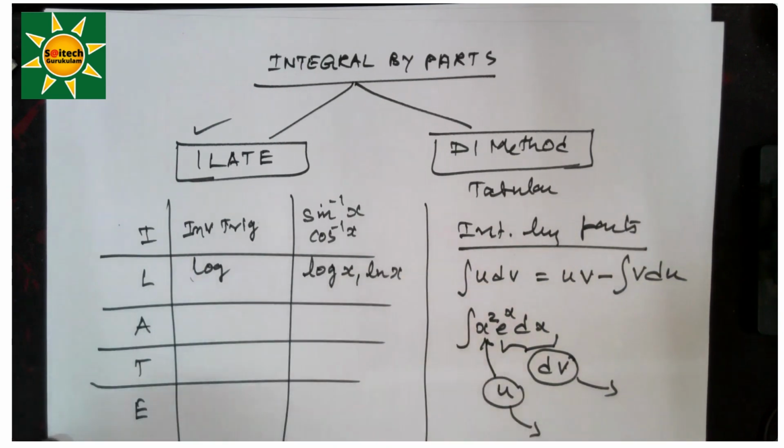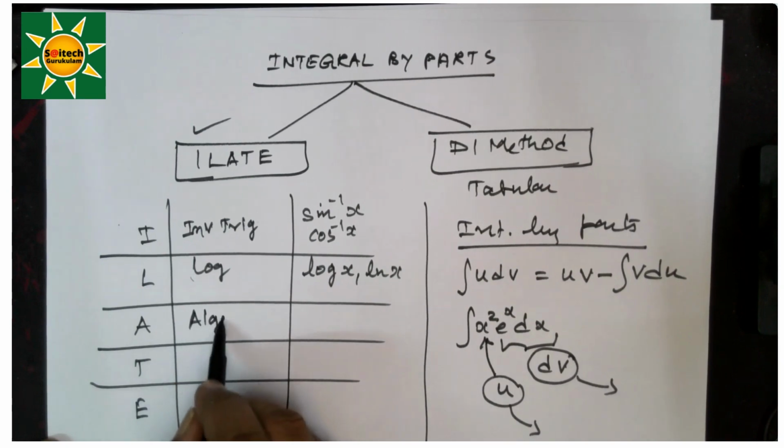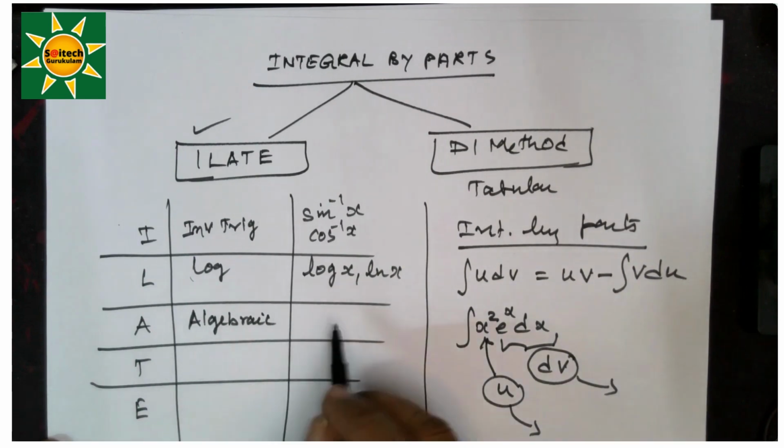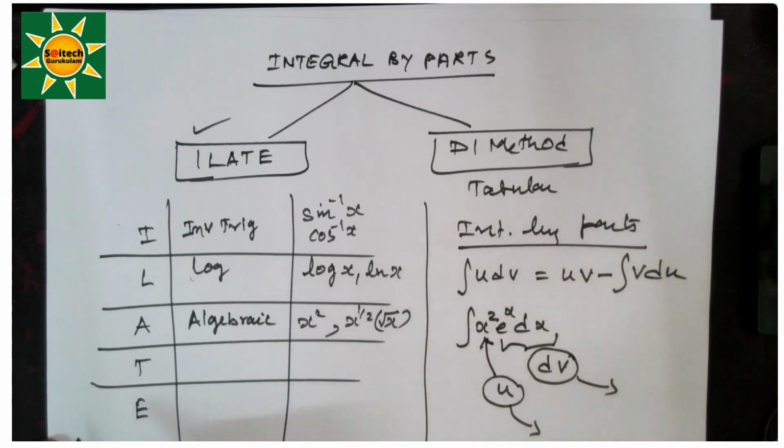And if you got algebraic function, that should be taken as u. So it may be x squared or x power 1 by 2, that is root of x.